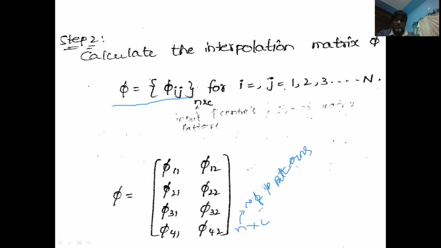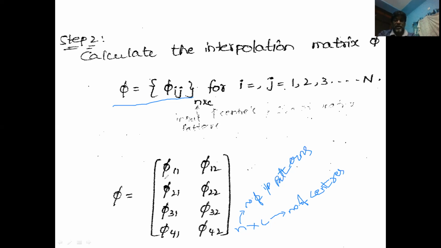So n represents the number of input patterns, and c represents the number of centers. How many centers did we pick? There are 2 centers we picked, that is 1 1 and 0 0. So the size of this interpolation matrix is identified as n by c, where n is the number of input patterns given and c is the number of centers that we choose.